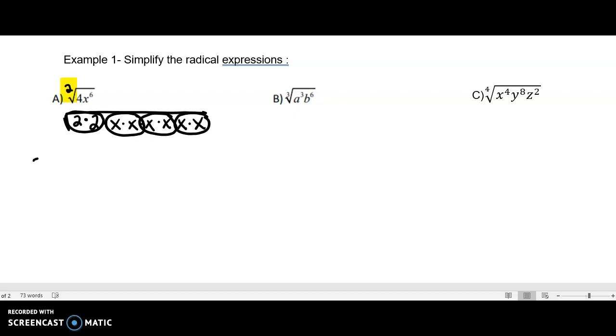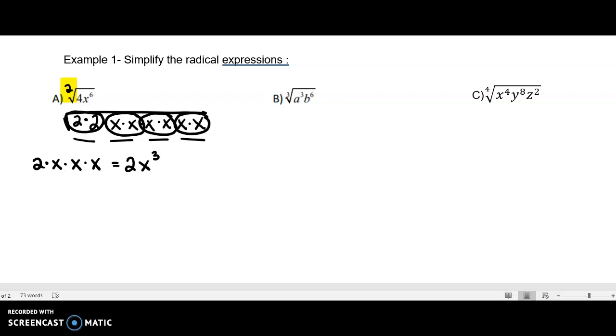So I'm bringing out a group of 2, a group of x's, another group of x's, and another group of x's. So since they are paired, they can come out of the radical, which makes this 2x to the 3rd power. There was nothing left inside the radical, so it just disappears.